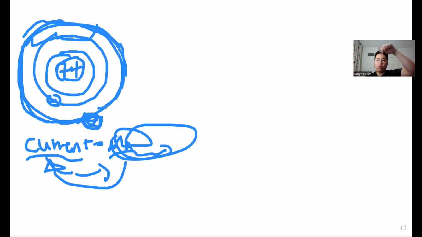We say rotation, right? So the electron itself spins. We say electron spin. You remember the current happens when electrons move, right? Electrons now rotate by themselves, right?